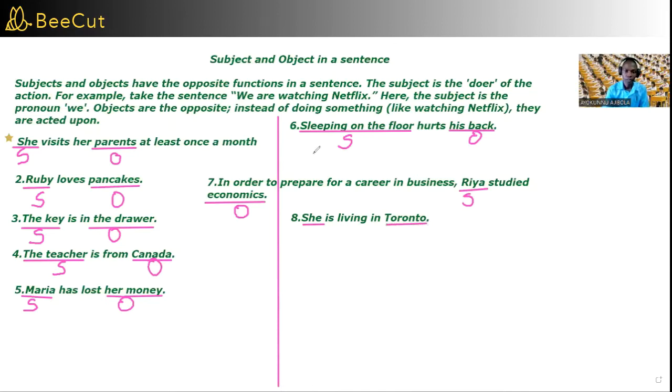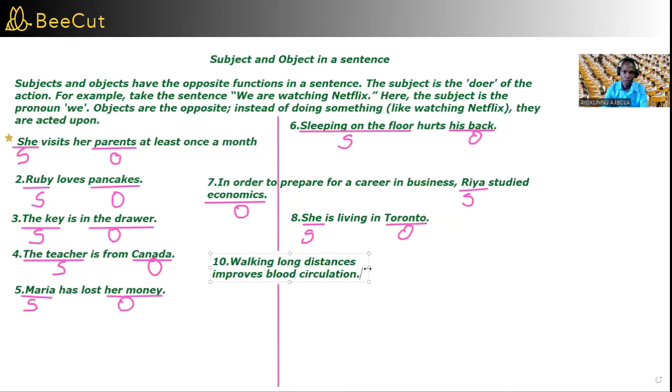So here I can say she is the subject and Toronto is the object. So are you ready now? Yes, sir. Okay, so the next question goes to Ejiro. So Ejiro, be prepared to answer this one. Pick out the subject and the object in this sentence.